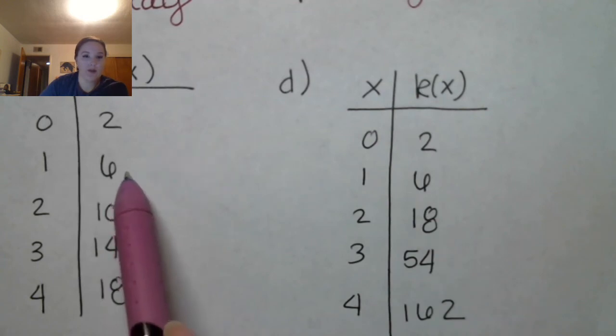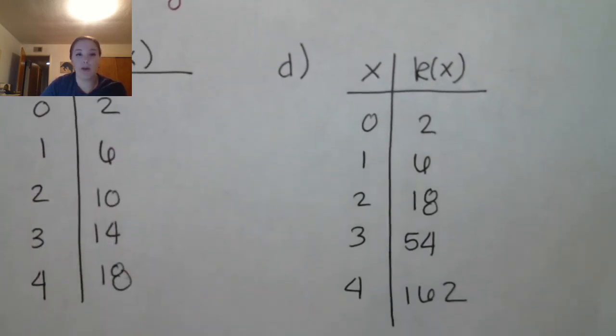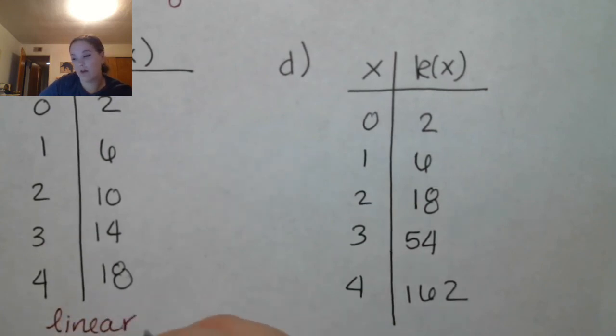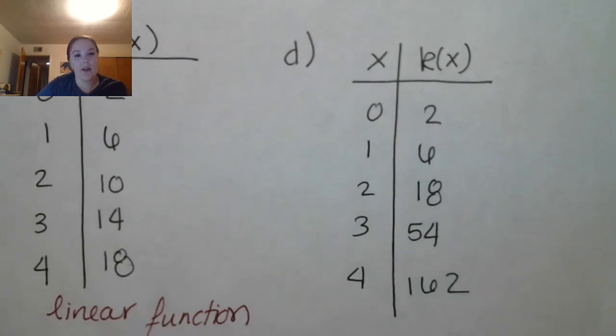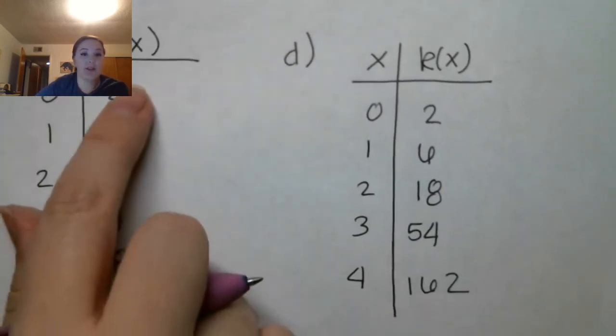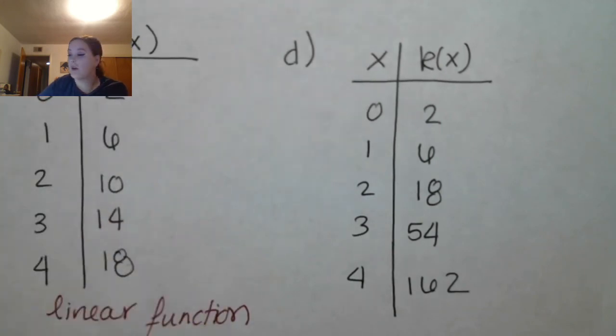Okay, so here you can see that you really are adding 4 every time. So as x is going up by 1, y is going up by 4. This is a linear function. Okay, again, you can see that the slope between each of the points is the same because the change in y is 4 and the change in x is always 1.